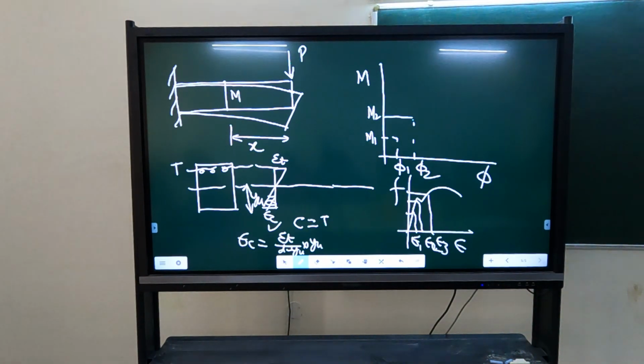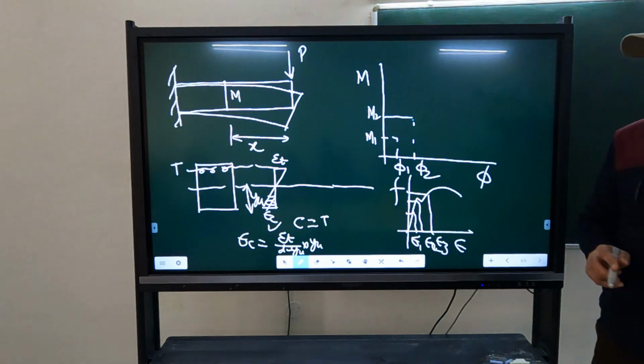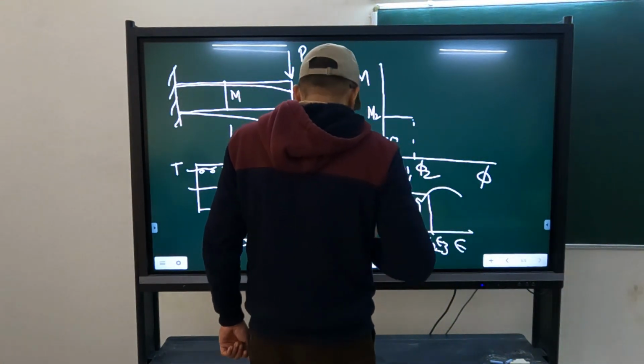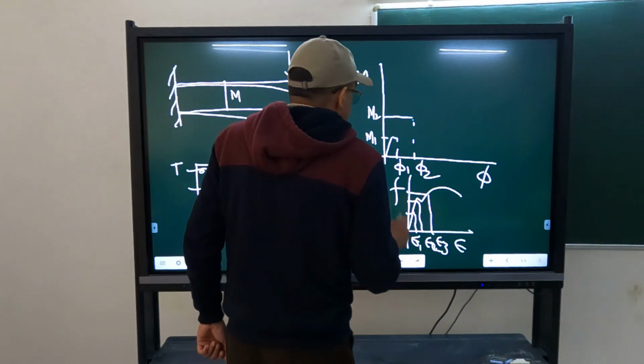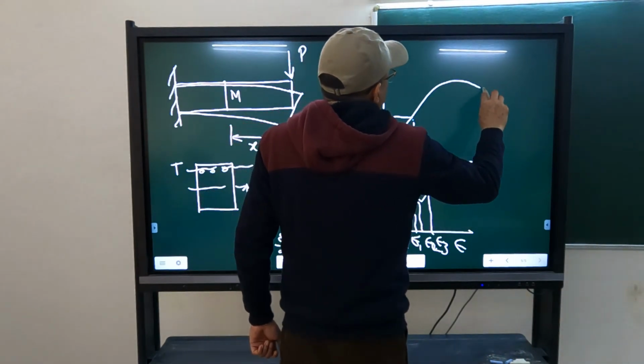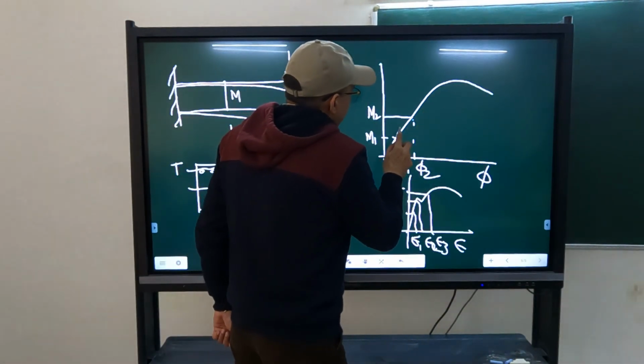I can calculate curvature and I can plot this M versus phi curve. This M versus phi curve will look something like this: initially the slope will be larger.